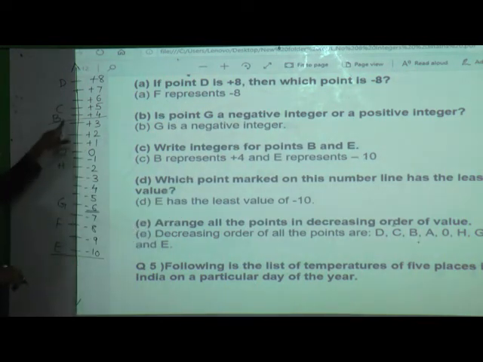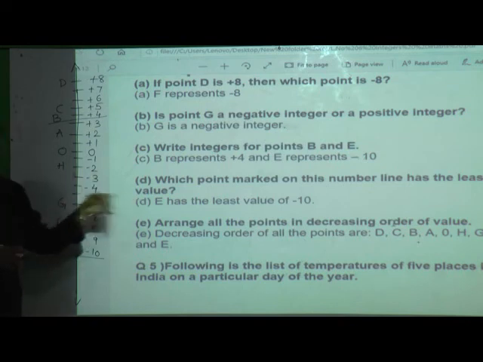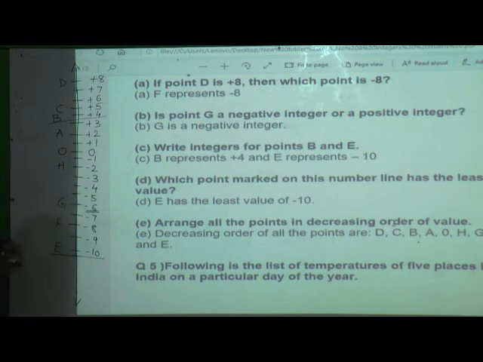See students, when you are solving this example in your classwork or in your rough book, you have to draw this line, write the positive and negative integers and then solve these questions. Okay, so this was the third question. Let us see the next one.